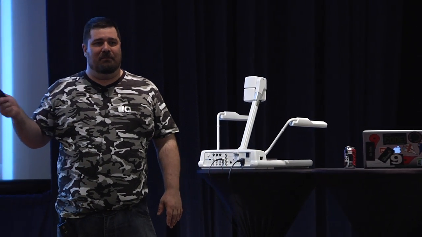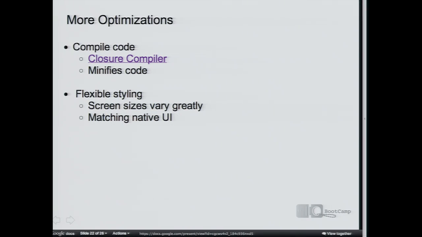But use a flexible screen size. Don't set pixel sizes for your height and width, but use percentages. And on a small device for your map, you probably want to use 100%. It takes up the whole screen. And some people like to try and match the native user interface.